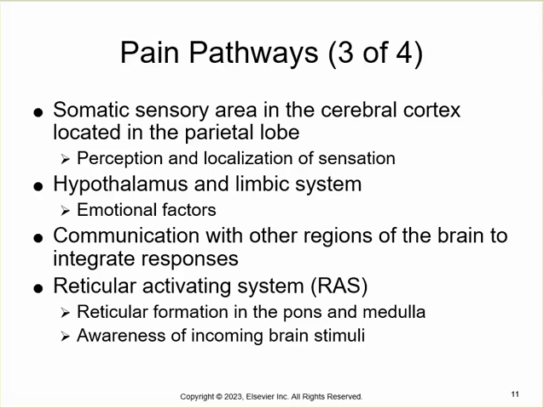We go to the hypothalamus and the limbic system for emotional factors and to elucidate the whole stress response, and look for the danger. So we activate the sympathetic nervous system through the hypothalamus. And this is a connection from the thalamus.